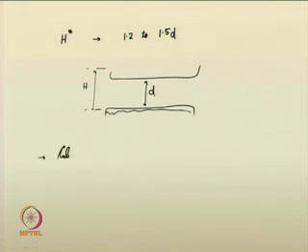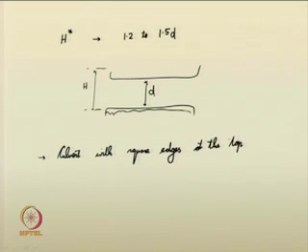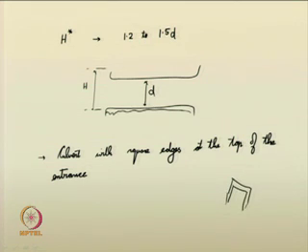Some experiments also suggested that for a culvert with square edges rather than round edges at the top of the entrance, many experimental investigations suggested the flow will not be full in such culverts.